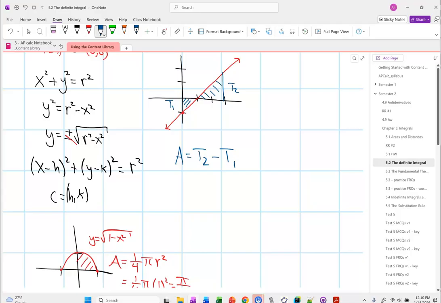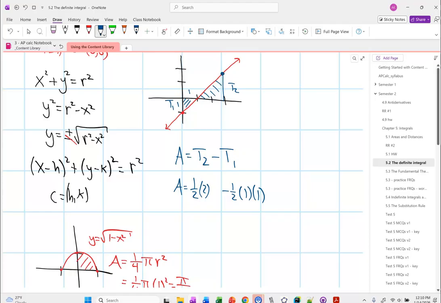So what shape are T1 and T2? What's the area of a triangle? 1/2 base times height. So what is the base and height for T1? 1 for each of them, right? That's 1 and 1, right? What's the base for T2? And what's the height for T2? 2.